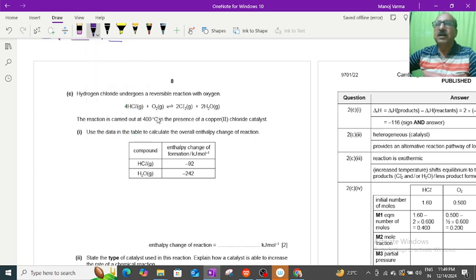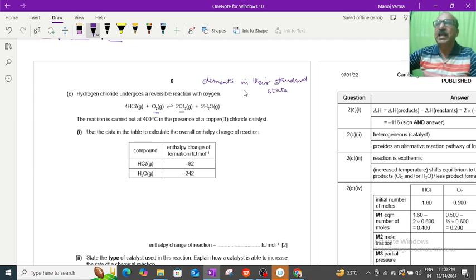The oxygen and the chlorine are elements, right? They are the elements and they are in their standard states. Standard state means that they are in their normal state at normal conditions, like oxygen is a gas, chlorine is a gas.